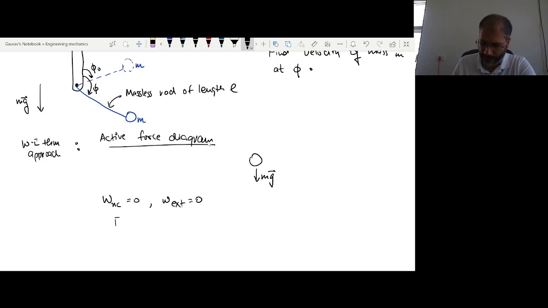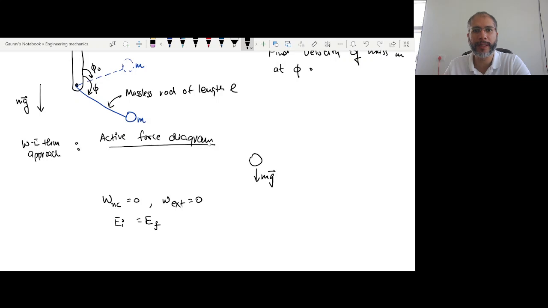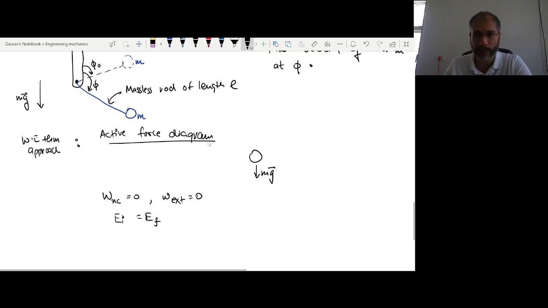So we can say that the initial energy of the system is equal to the final energy of the system. In this case the system is the mass without the rod, and we also consider earth into the system because we are talking about the potential energy due to gravity, but we don't write that every time because we don't expect the earth to move because of the mass. It's only the mass moving. The earth is almost stationary and does not move towards the mass.